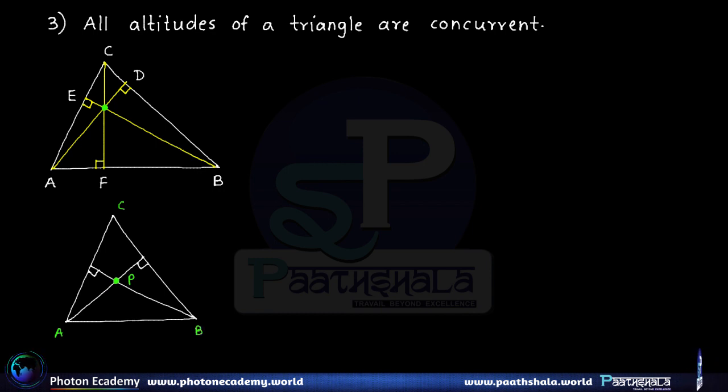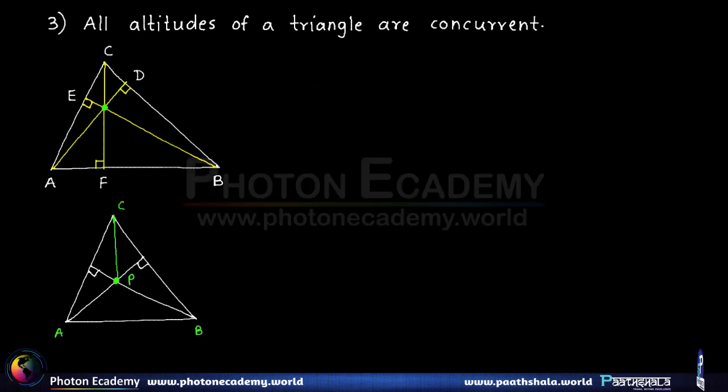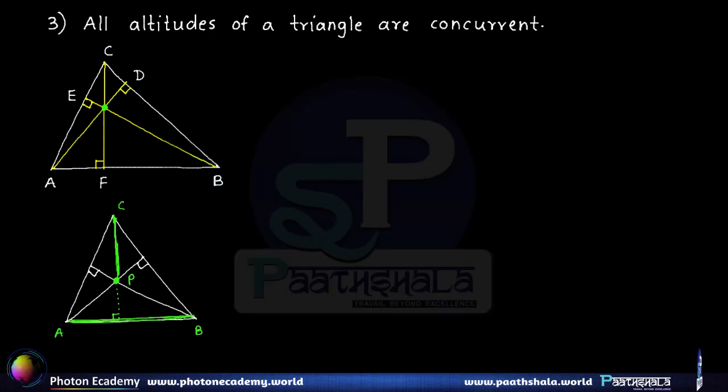What we now prove is that if we join segment CP, that is, join that intersection point with the third vertex, then on extending, it must be perpendicular to the opposite side AB. If we show that CP is perpendicular to AB, it would mean that segment CP extended is itself the altitude.